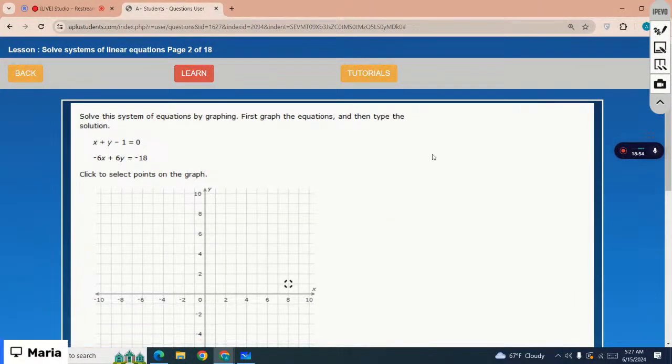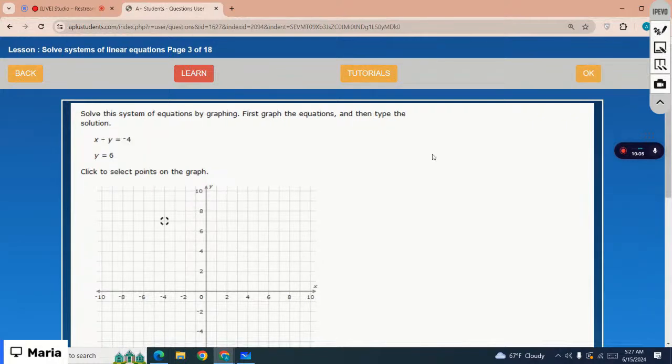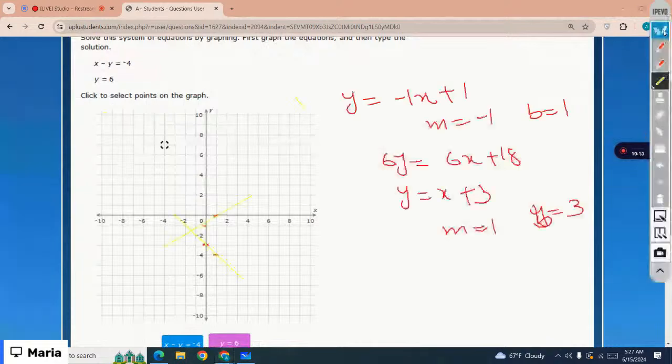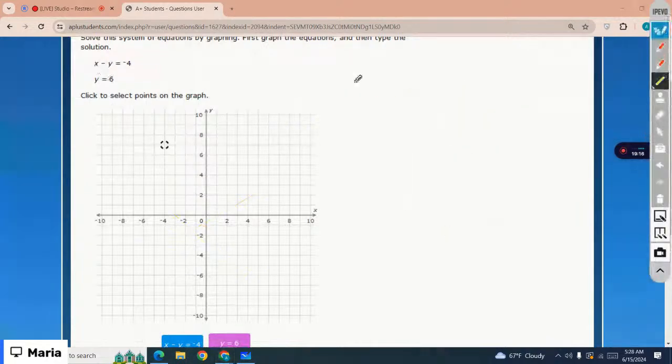Let's just start with the test questions. Oh, x minus y equals -4 and y equals 6. So let's just rewrite the equation, right? Negative y equals -4 plus x. So y equals -x plus 4, right?